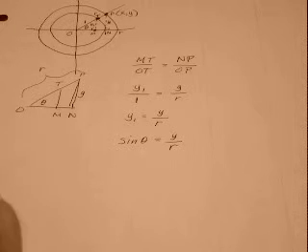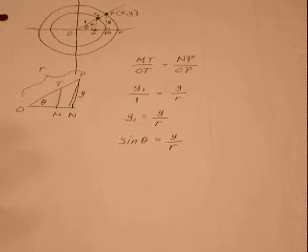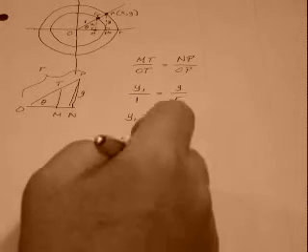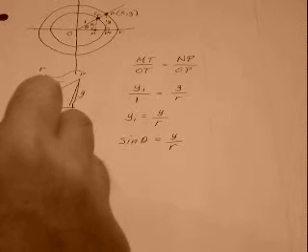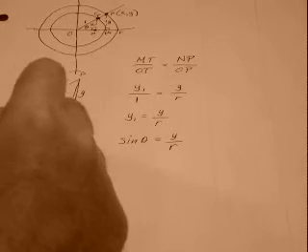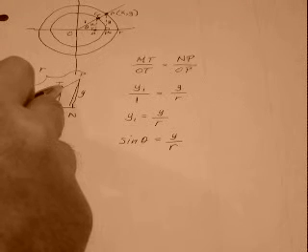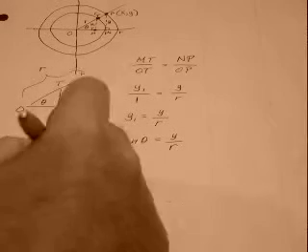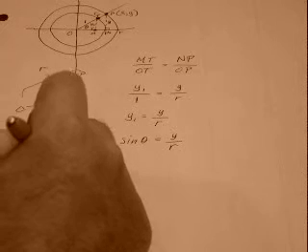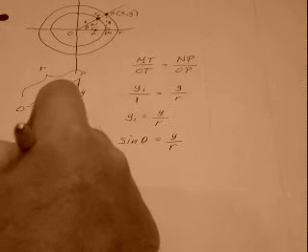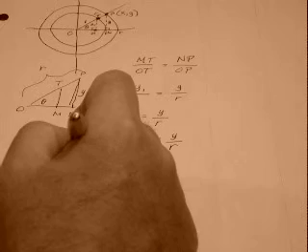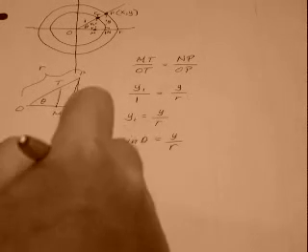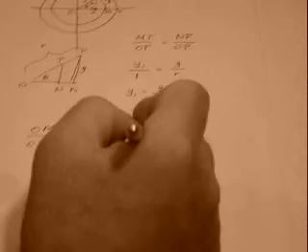Now, does that look familiar? Sounds like right triangle trigonometry. Similarly, we have OM over OT equals ON over OP by similar triangles. OM over OT equals ON over OP.